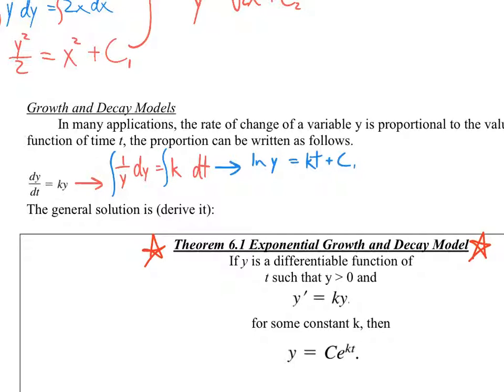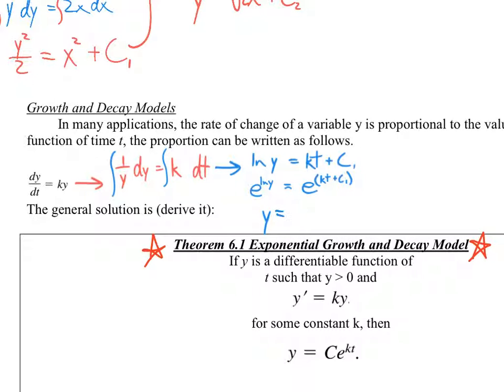And then how would we solve this for y? Make e the base of both sides. So I have e to the ln of y, which is just y. And over here I have e to the kt plus c1. Okay?